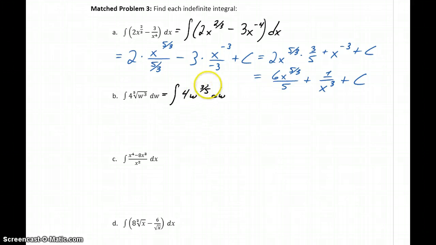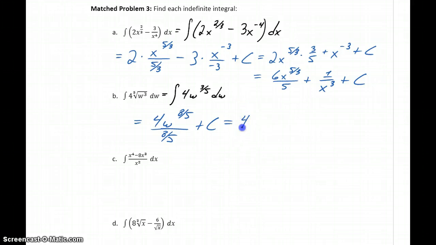So again, our exponent here is not negative 1, so we can just apply that basic power rule. So this is going to give us 4 times w to the 3/5 power, increasing that by 1, gives us 8/5. And then we're dividing by that exact same value. So divided by 8/5 plus some constant c.